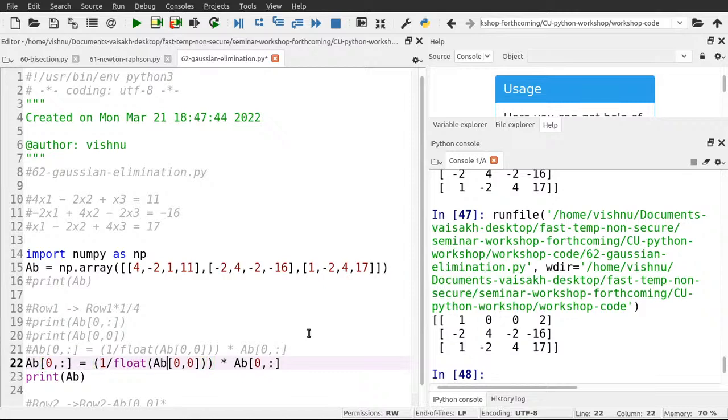Equal to 1 by this. So let me just use a list instead. 1 by, this is not the problem.